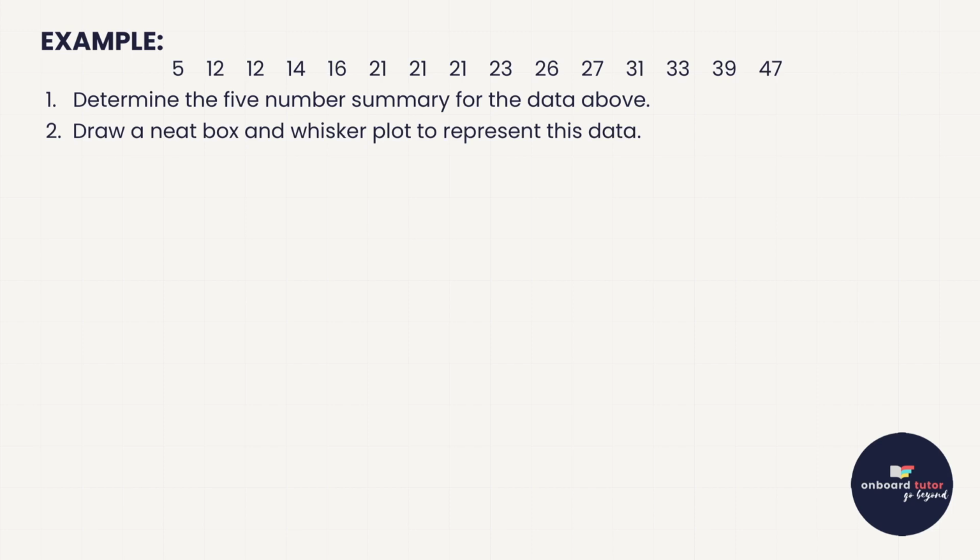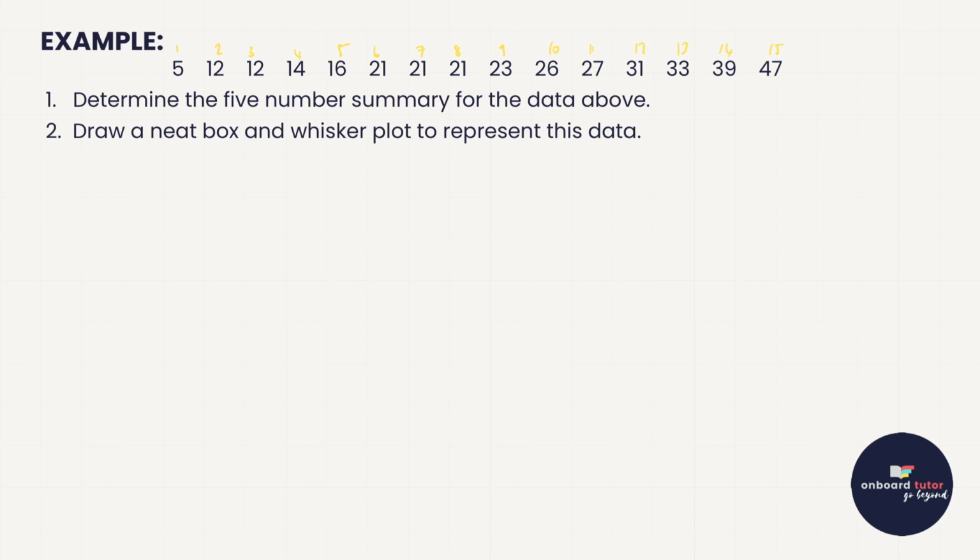The next thing I want to know is how many scores there are, because that's going to help me with my 5-number summary. So 1, 2, 3, 4, 5, 6, 7, 8, 9, 10, 11, 12, 13, 14, 15 scores represented there. And now I'm ready to tell you things about this 5-number summary.